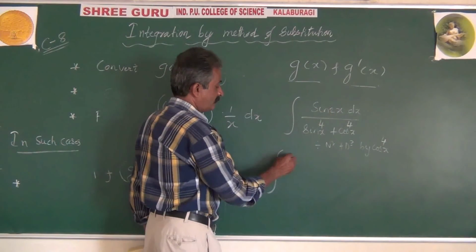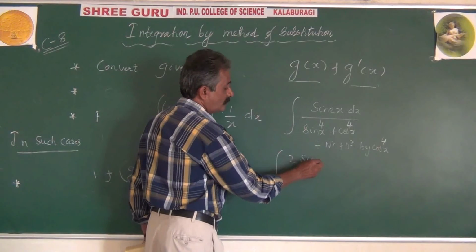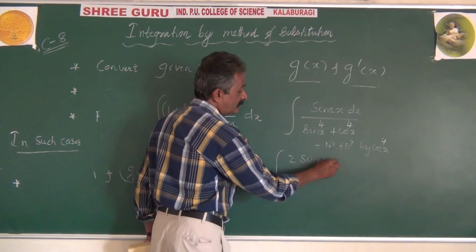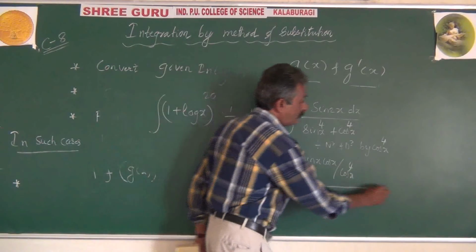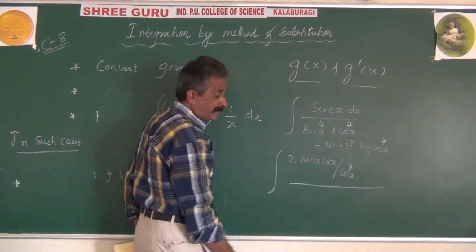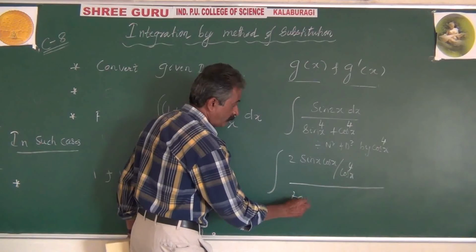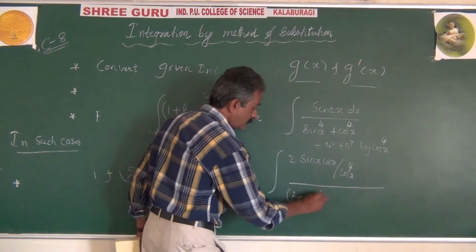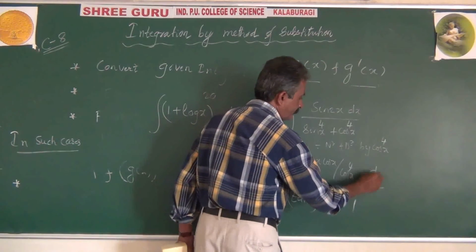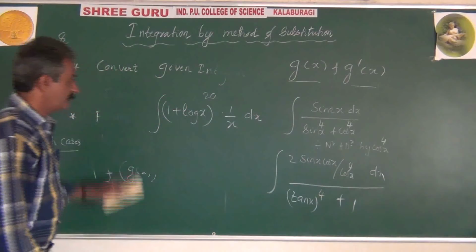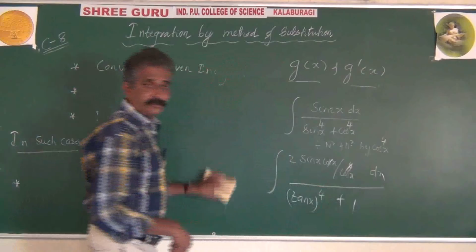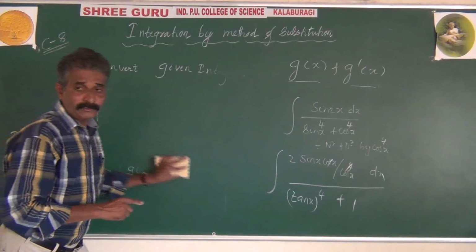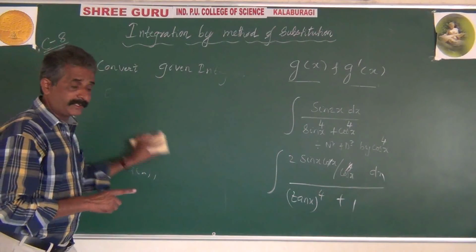Here what is sin 2x? 2 sin x into cos x. Now that is divided by cos x power 4. Sin x power 4 divided by cos x power 4 becomes tan x power 4, plus 1. And here one cos gets cancelled. How much is left? Cos cube. 1 by cos cube becomes sec cube.